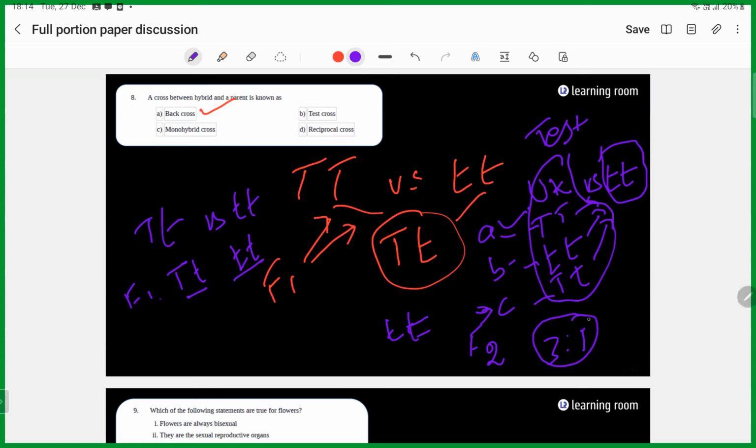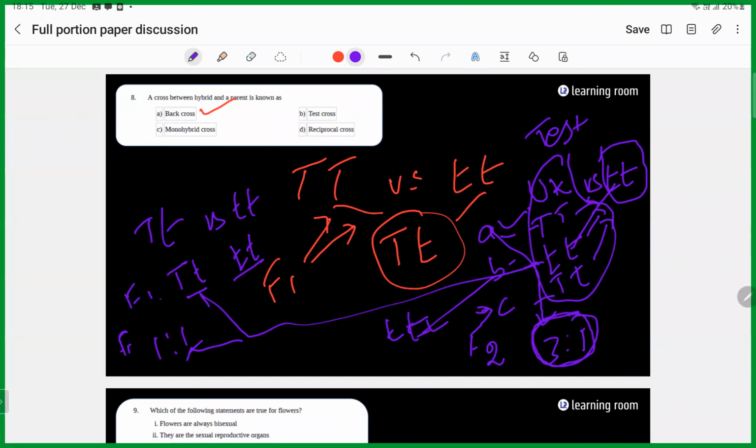In the F2 generation, if you get 3:1 ratio, then that is option A. If you get all dwarf, then it is option B. If we get 1:1, that is option C. Is it clear?